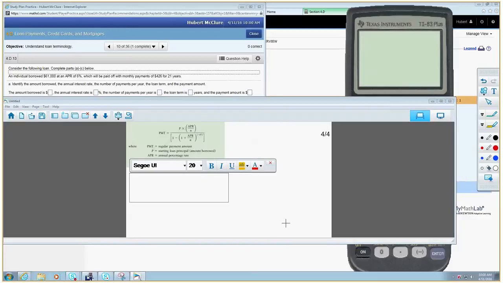Okay, borrowing 61 at 6%. Monthly payments of $426 for 21 years.